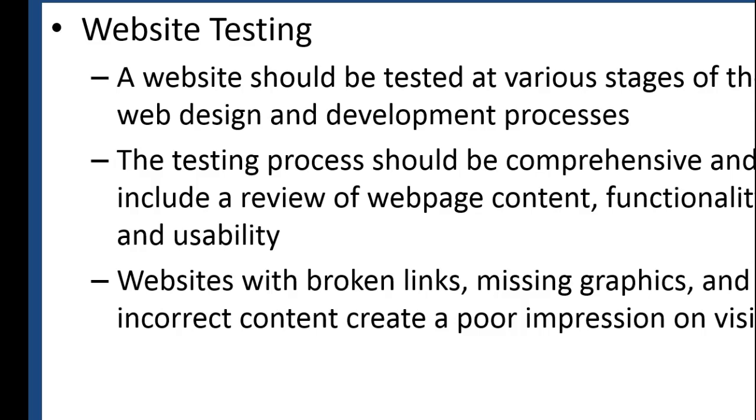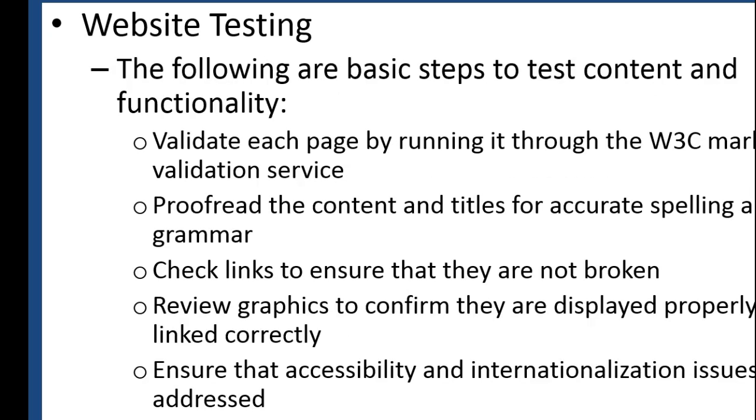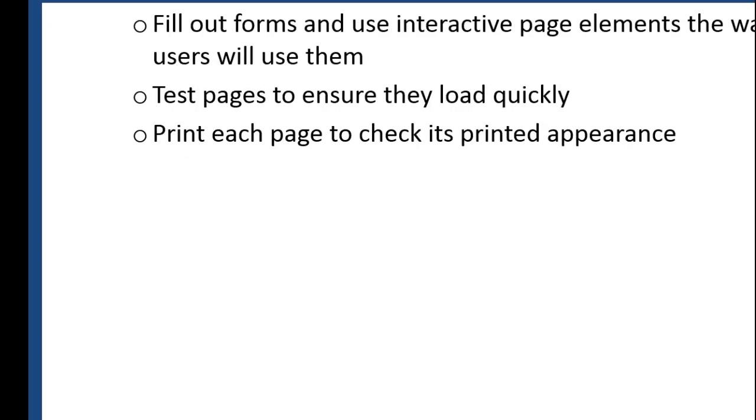There are some basic steps to test the content and functionality. One is to validate each web page by running it through the W3C markup validation service. You also need to proofread the content and titles for accurate spelling and grammar. Also check the links to make sure that they are not broken. You need to also review the graphics to confirm they are displayed properly, and ensure that accessibility and internationalization issues are also addressed.